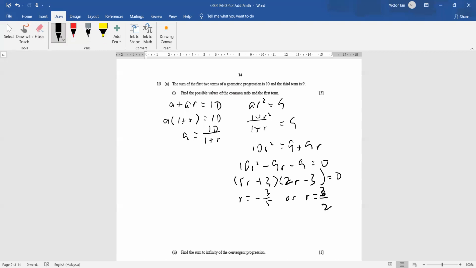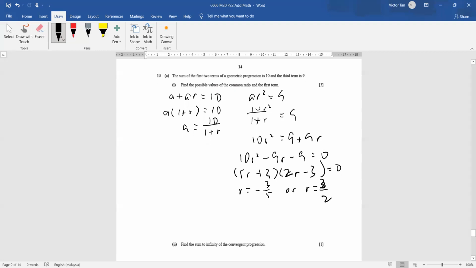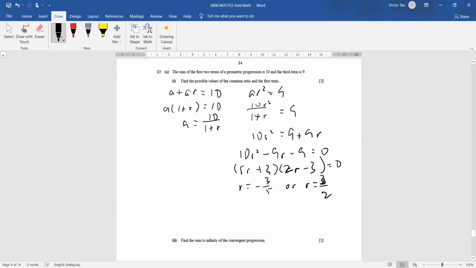You need to find the first term as well. So a is 10 over 1 minus 3 over 5, which equals 25. Or a equals 10 over 1 plus 3 over 2, so this is 4.